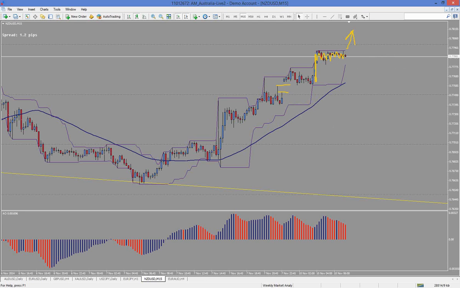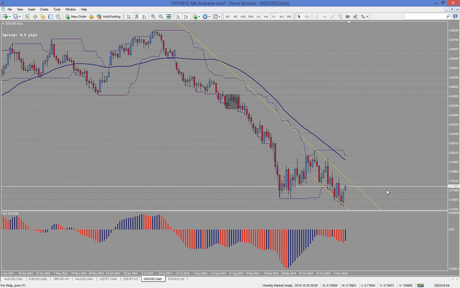Let me go back to what I was originally looking at. On a daily chart, we said we saw some divergence which would support a trade in this direction. So for any of you who are happy with that, by all means, there you have it.